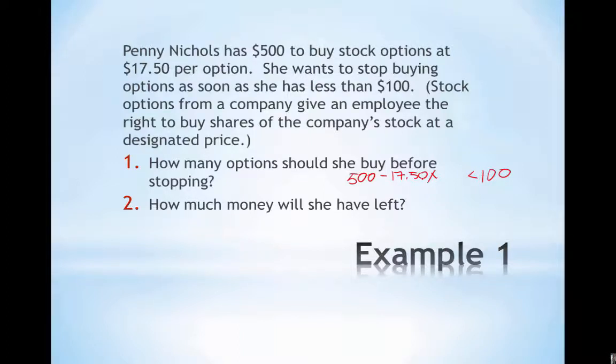So now I have this set up. I need to solve for x. What am I going to do? Not yet. Yeah, we're not going to divide yet, but we're going to subtract, okay? So we're going to subtract 500 from both sides. We have negative 17.50x and then negative 400.